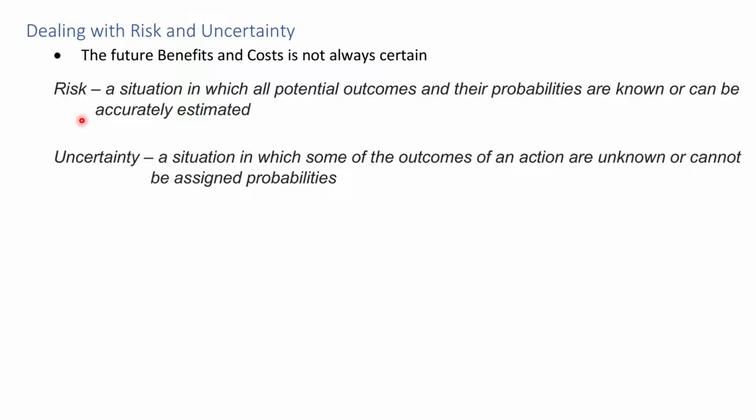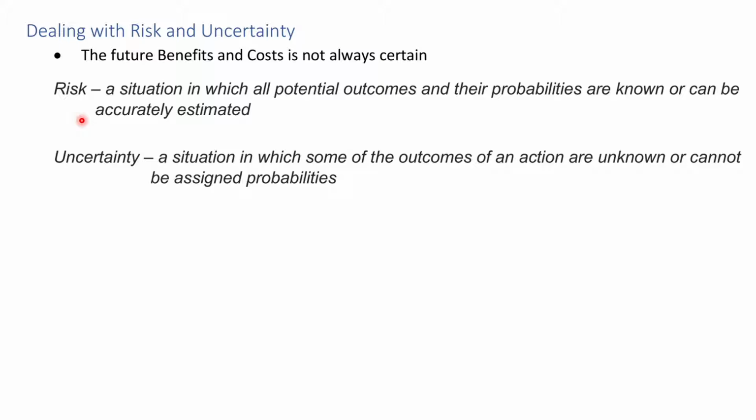The possible outcomes are the numbers 1 through 6, and the probability of each outcome is 1/6. In risk, we can manage. This is how insurance companies make money. They manage risk.